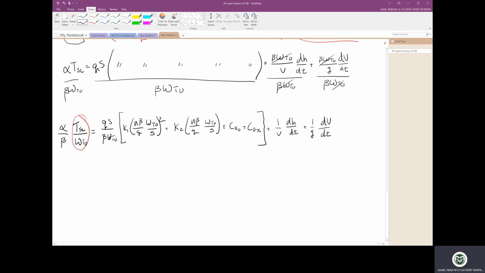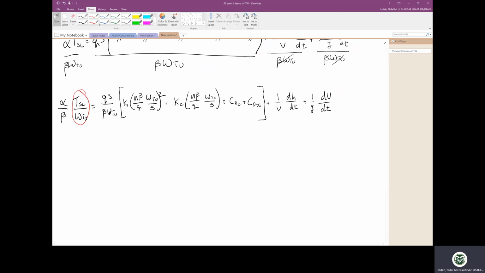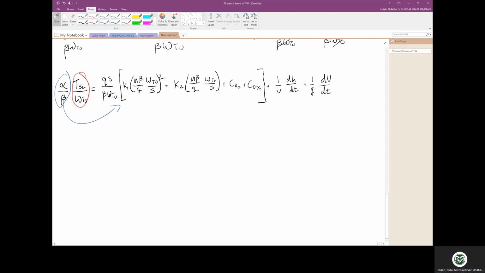Okay? The last step is going to be to simply move this over to here. So the final form of this equation is thrust at sea level over weight takeoff is equal to beta over alpha times qS over beta weight takeoff. I know there's a temptation to probably want to simplify this, but don't. Just hear me out and I'll explain why. Okay? Let's see, I'm going to change the squiggly here.